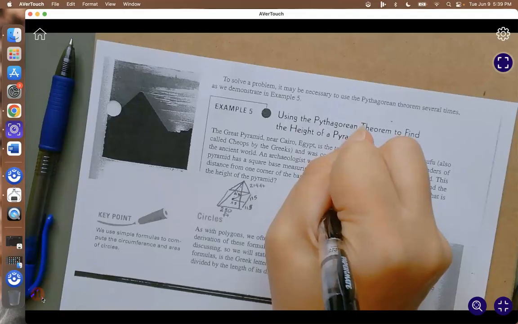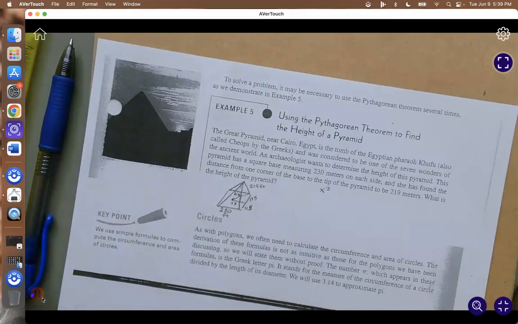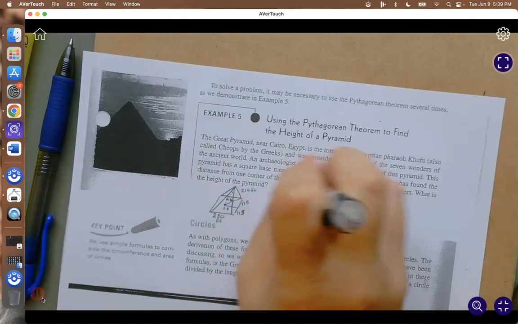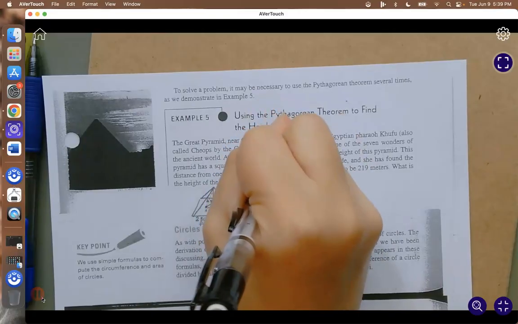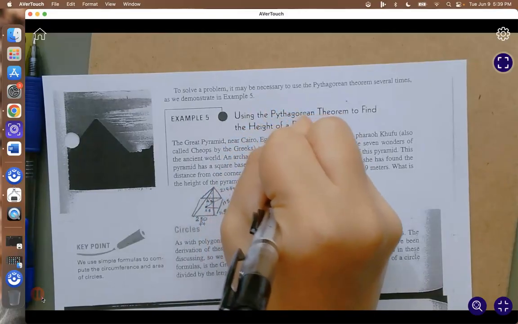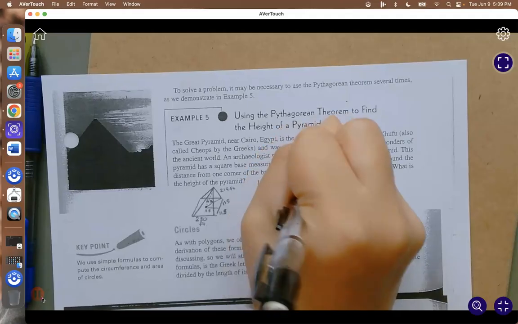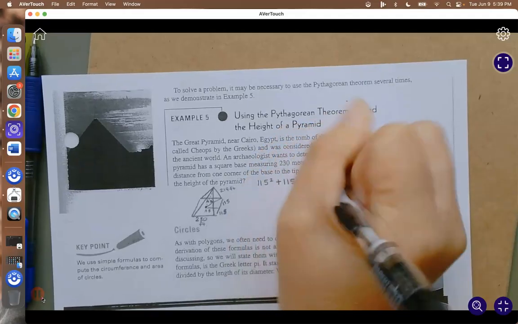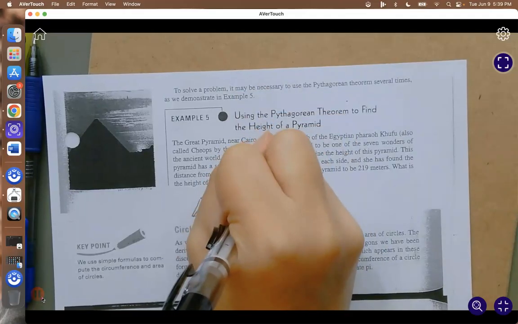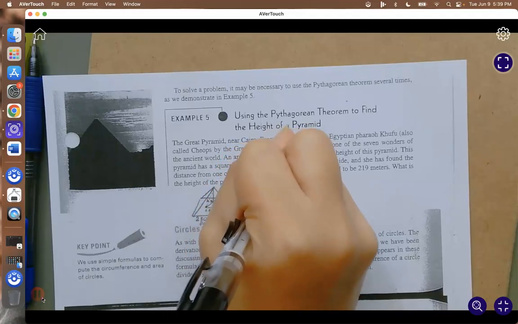So we're going to do x squared. Well, let's do this. 115 squared plus 115 squared equals x squared. Well, 115 squared is 13,225.